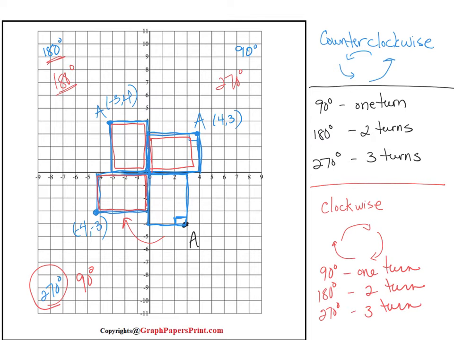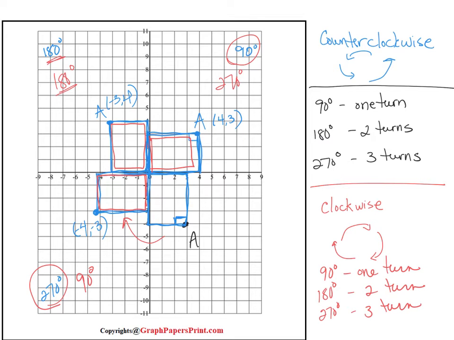And 3 turns, or 270 degrees clockwise, puts me in the same exact position as if I was rotating 90 degrees counterclockwise.